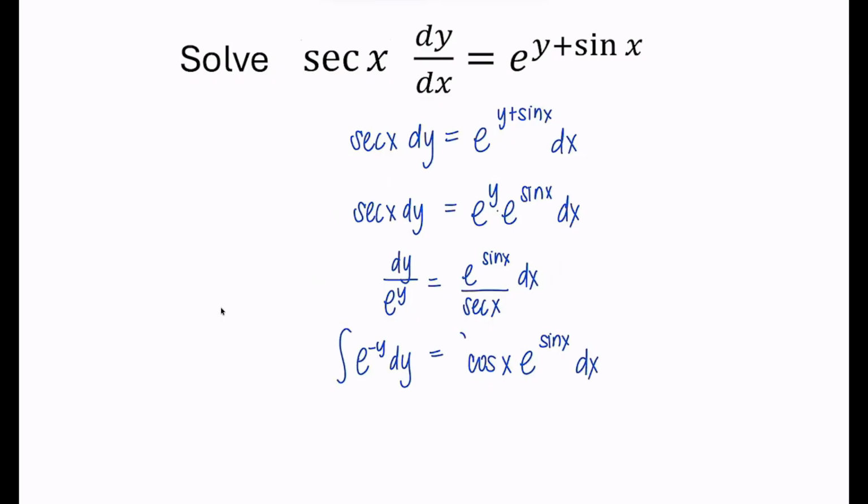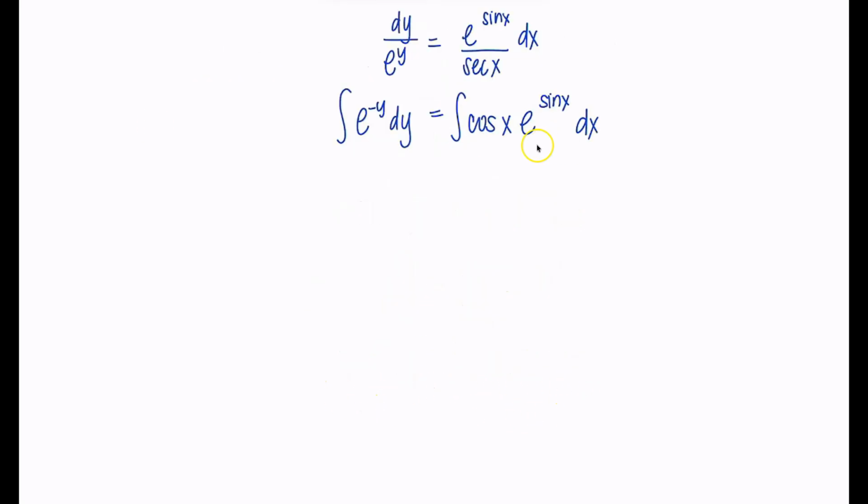And now hopefully we can see what integration strategy we would use on the right-hand side. So let's make a little bit more space. Let's work on this right-hand side first. We're going to go ahead and do a u substitution. U is going to be sine x. The derivative of sine x is cosine x dx, which I have right there, cosine x dx.